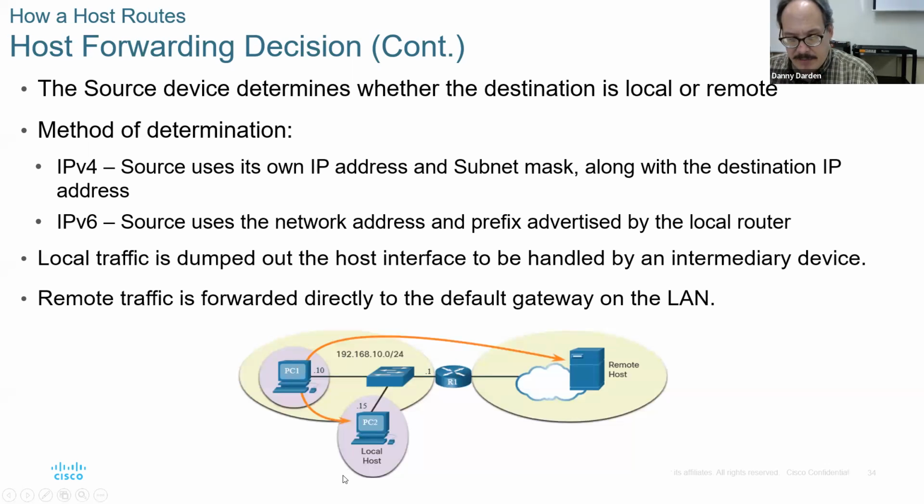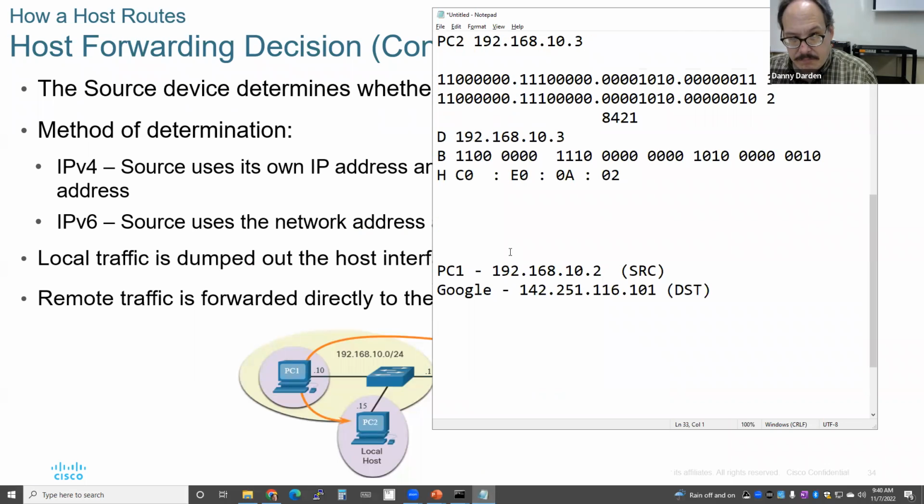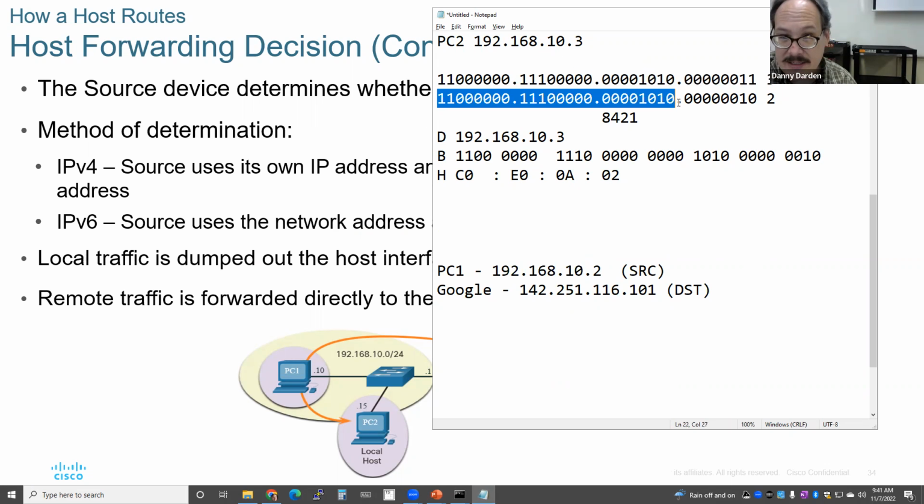Here's one thing I want you to know about this: while these numbers, the decimal numbers, signify the source address, and that's how it determines local and remote, we have to remember that it's really these bits that it uses to make that determination. That's what's really happening.